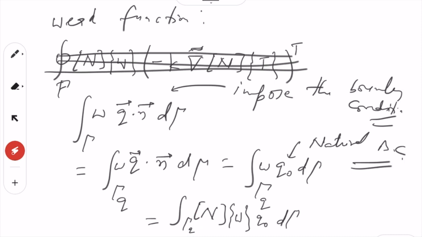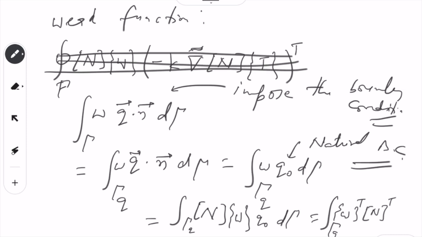Okay, which will be equal to, we can also write, integral over gamma q of w transpose and N transpose, and then you have q naught d gamma.